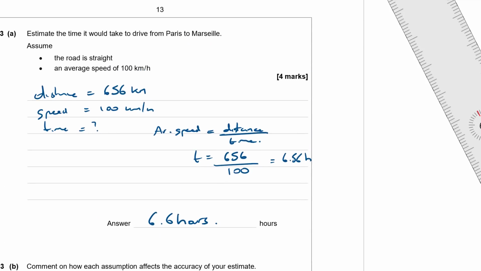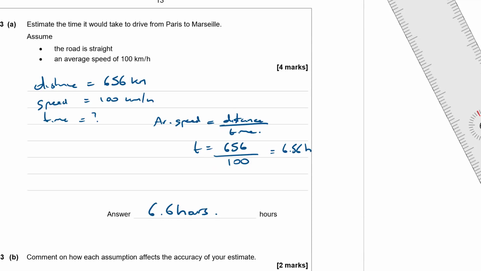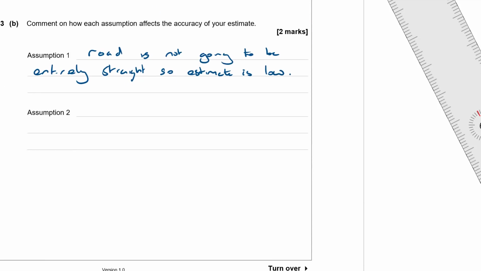Now our second assumption is that we are traveling at 100 kilometers per hour. So if the estimated speed is low, then the estimated time would be what?